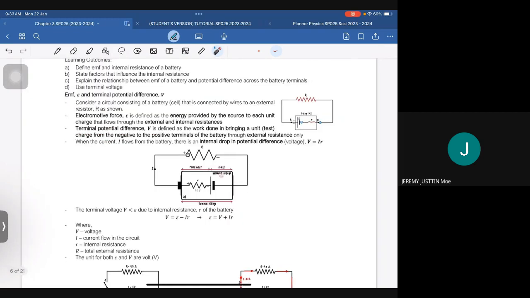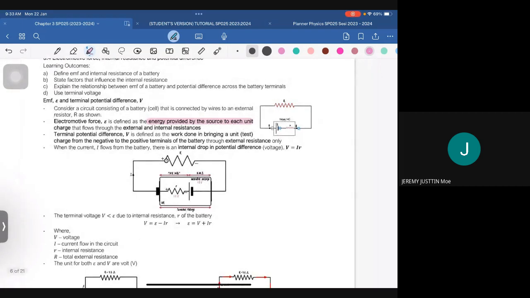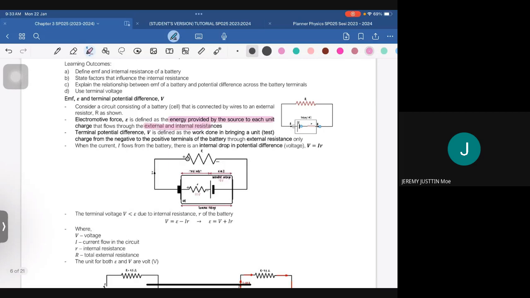Okay, so sekarang ni what are the difference between EMF and potential difference V here? Okay, so the definition of electromotive force is the energy. Okay, sekarang ni EMF ni is energy provided by the source to each unit of charge that flows through the external and internal resistance. So EMF ni, they consider both external and internal resistance.